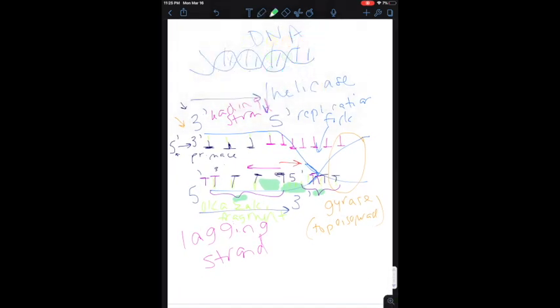And then finally, DNA polymerase 1 will go to the primase and change the RNA primer, the RNA bases and nucleotides, into DNA.